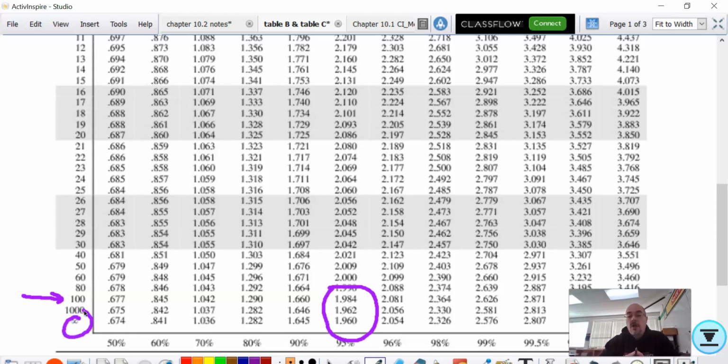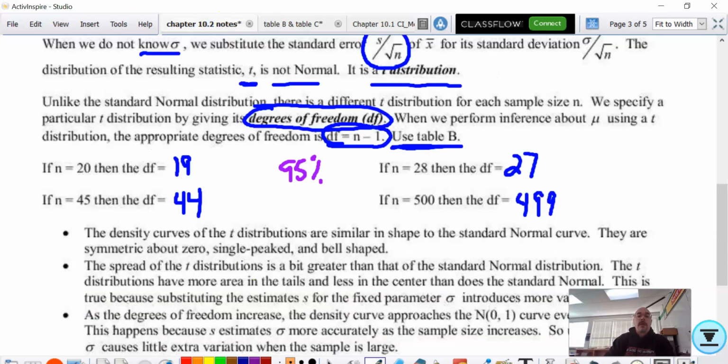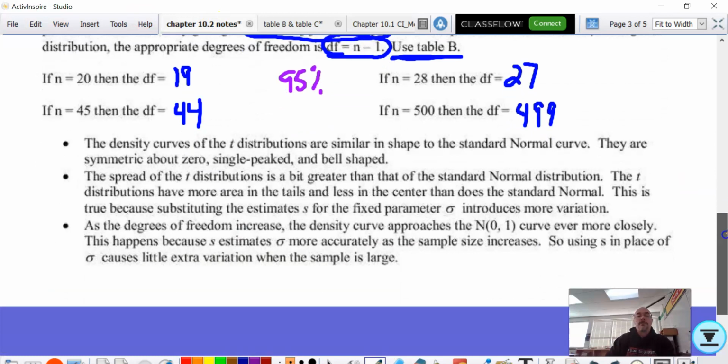There isn't all that much difference, 1.984 to 1.96. So as the sample size gets larger, that critical value does not get affected quite as much. Let's keep going here.